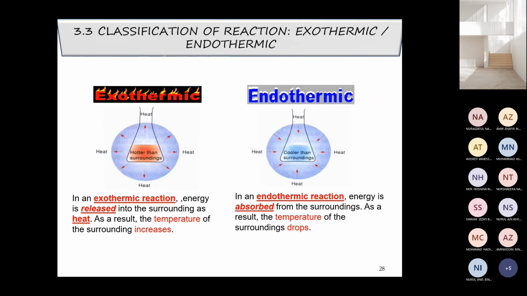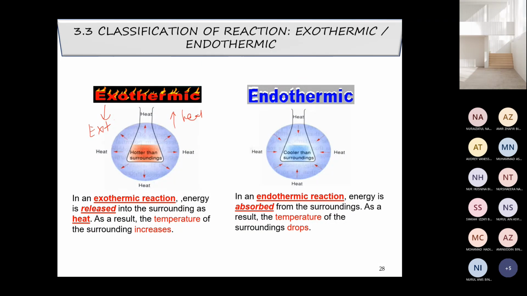So what is exothermic and endothermic? If exo means like acid, I akan ingat senang, dia ada perkataan acid. So dia akan release the heat. So in an exothermic reaction, energy is released into the surrounding as heat. As a result the temperature of the surrounding increases. So energy ni dia akan bertambah, of course disebabkan energy ni kita katakan dia dalam bentuk heat.